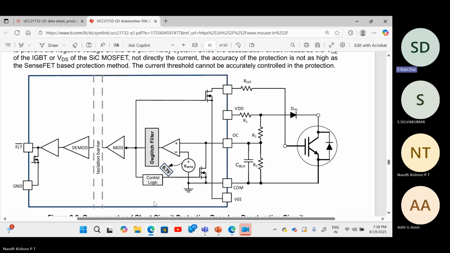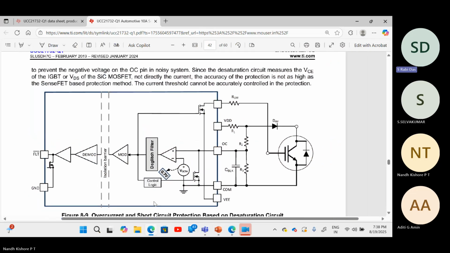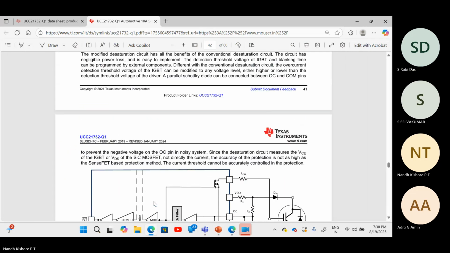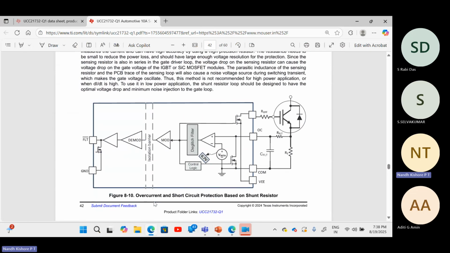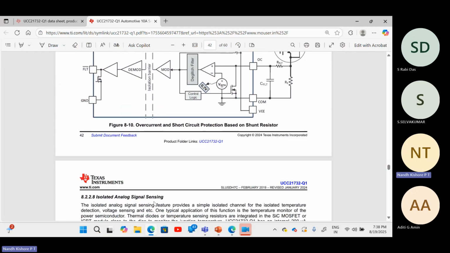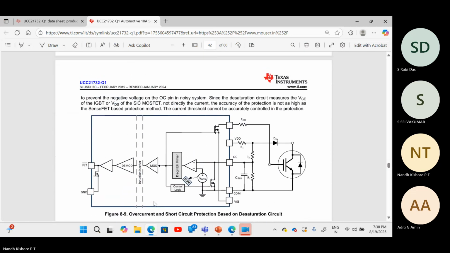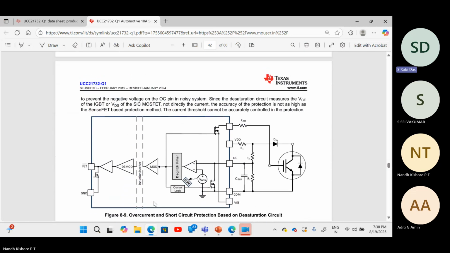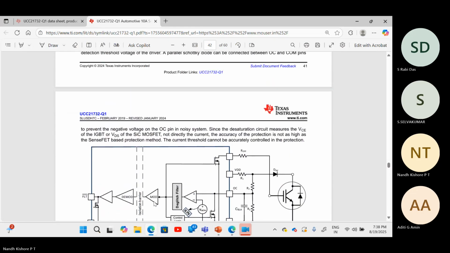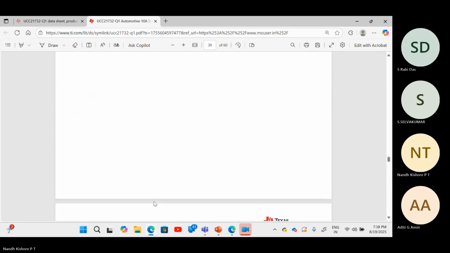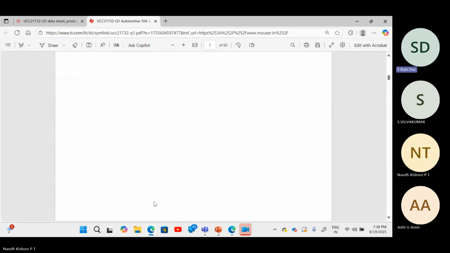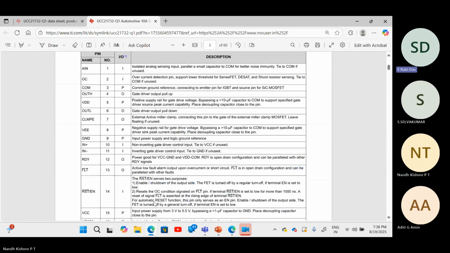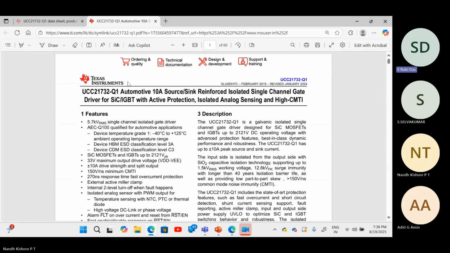Is this driver capable of 5 megahertz switching? Yeah, so what is the idea behind that number, 5 megahertz? Means some application is there. Okay.